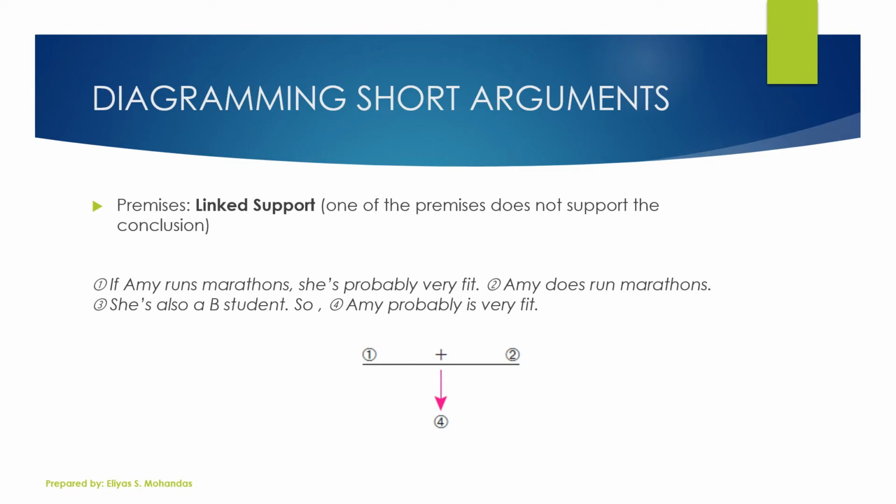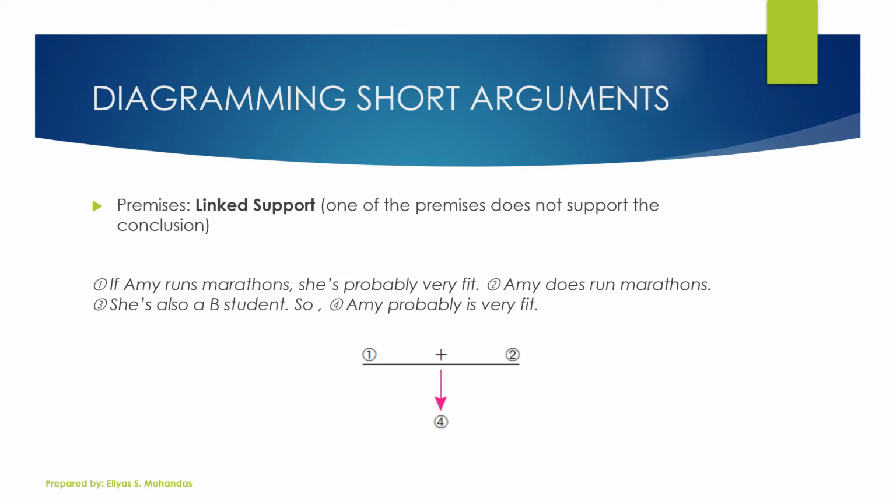The third one is another example where you have the same idea, which is linked support. However, one of the premises does not support the conclusion. Now, as I mentioned earlier, we can have an argument where a statement may be irrelevant to the conclusion, or may exist with no connection to the conclusion.